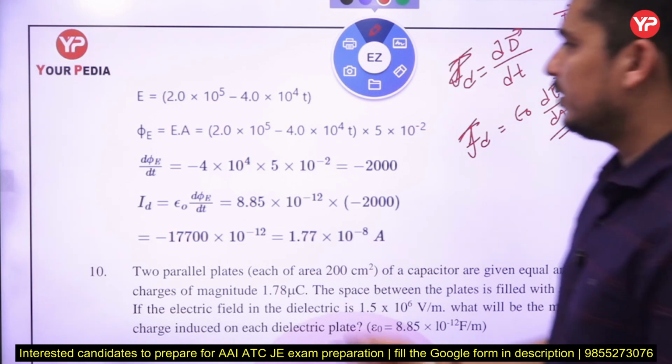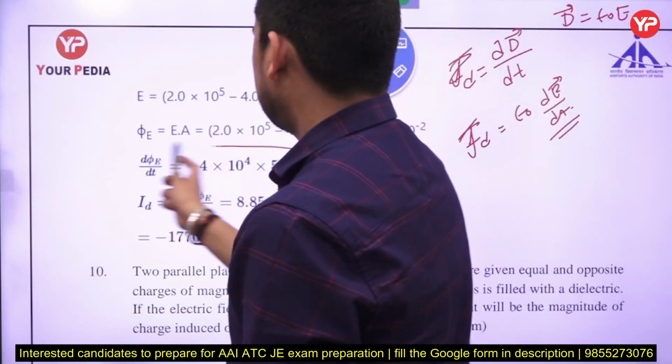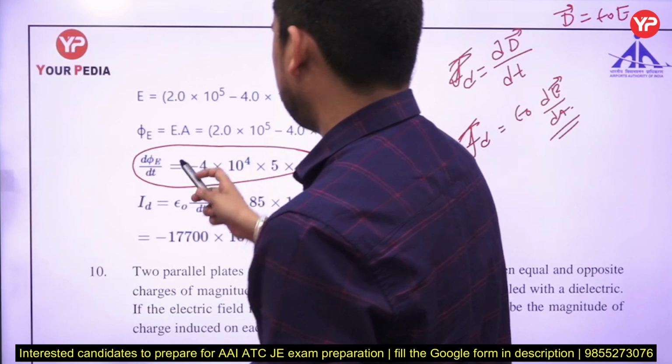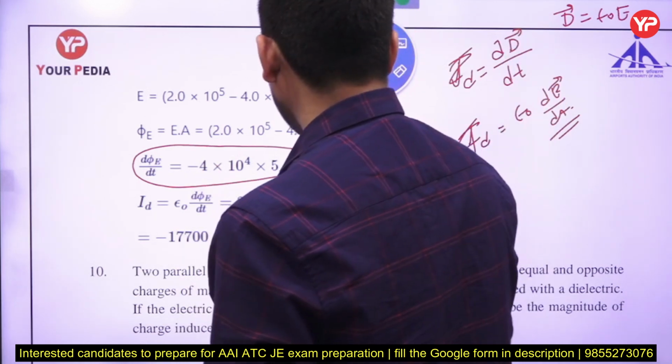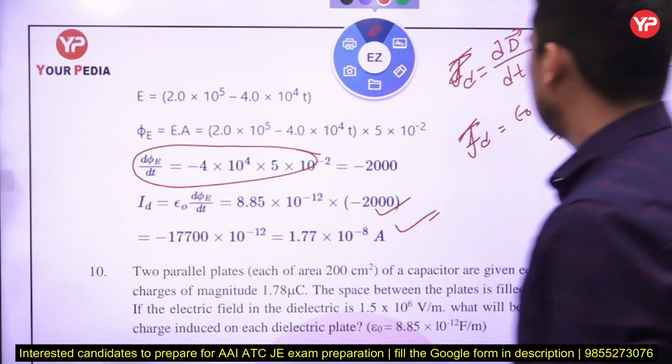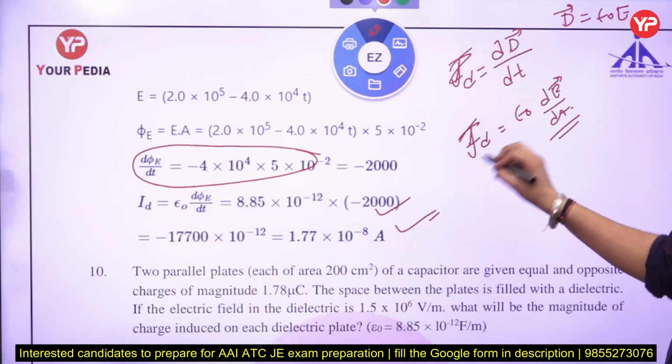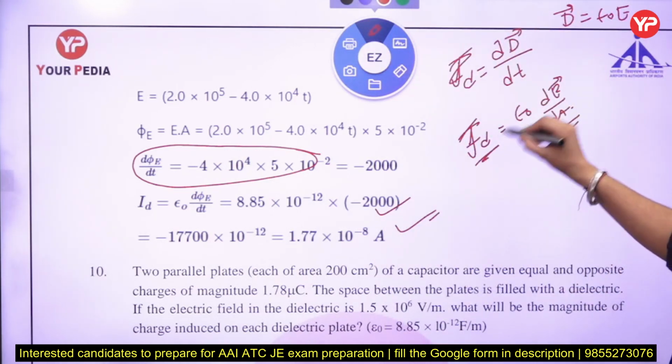When you take the derivative of the electric field with respect to time, you will calculate that value, that is your flux density, right? Current density.